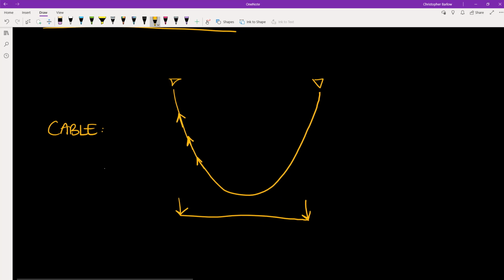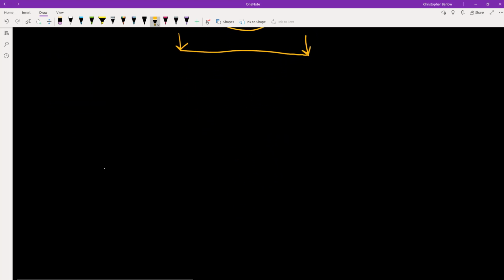So let's review. In terms of efficiency, when we talk about long spans, the order goes like this. First, we have beams and girders. Next, we have trusses. Next, we have arches.